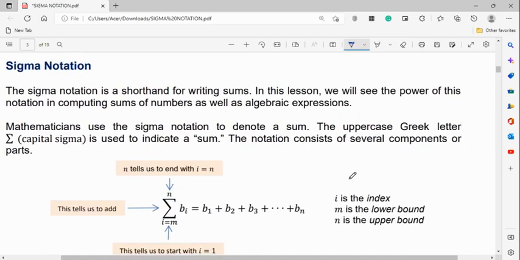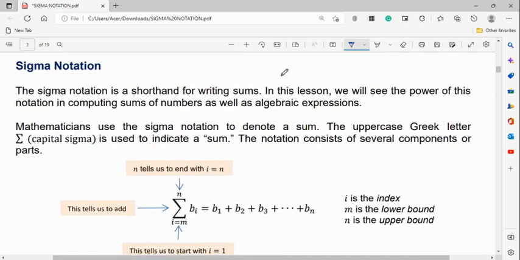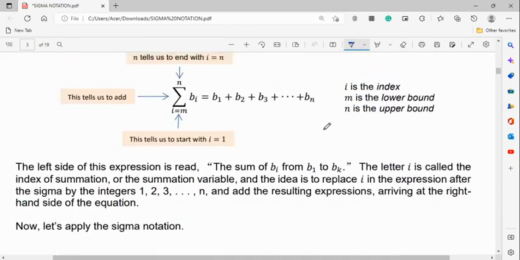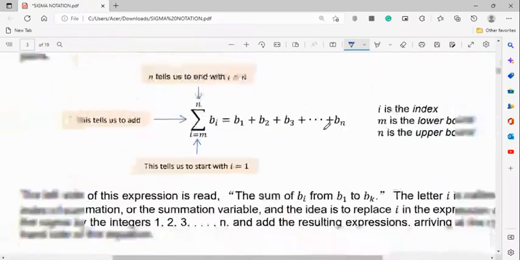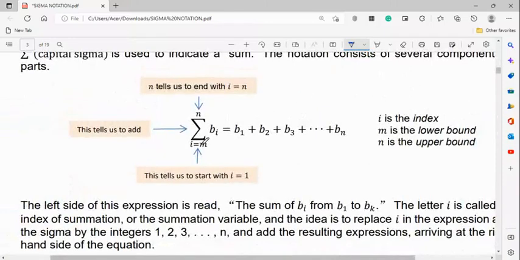Now, sigma notation is a shorthand for writing sums. So to generalize everything, here, we use the sigma notation to denote a sum. So there is an uppercase sigma here. So kilalanin natin itong mga symbols na ito. The summation of b sub I starts from m to n. Ang m na yan, the lower bound, saan ka mag-i-start.